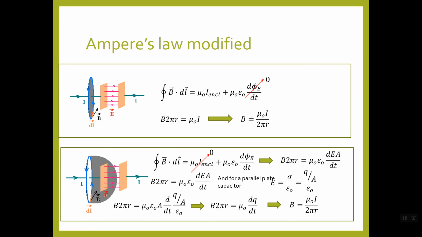So we get the same answer for our magnetic field in the two situations, which we should, because it's the same magnetic field, even if we use different surfaces. So this modified version of Ampere's law, we can now use and get consistent answers even in non-steady current situations.